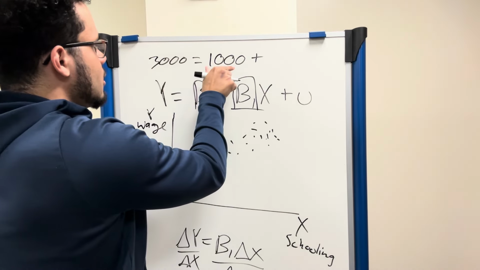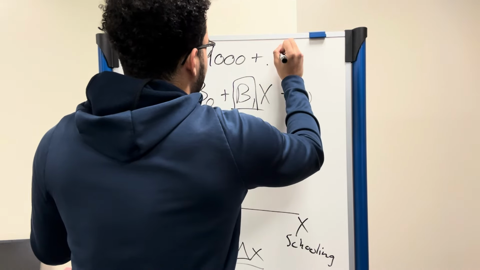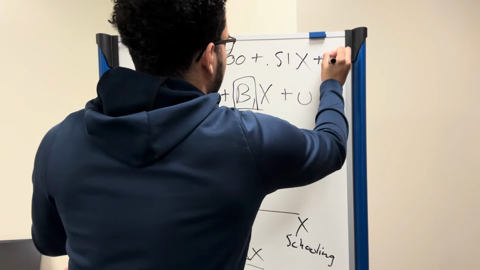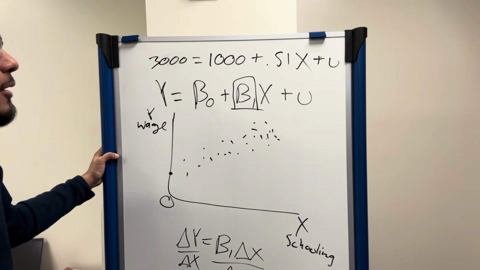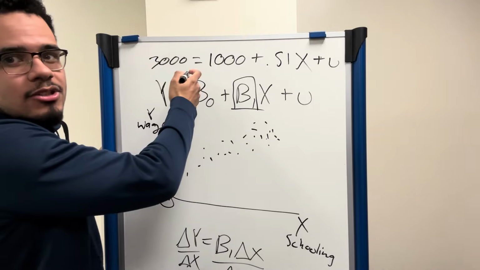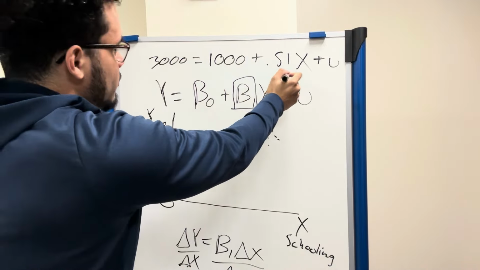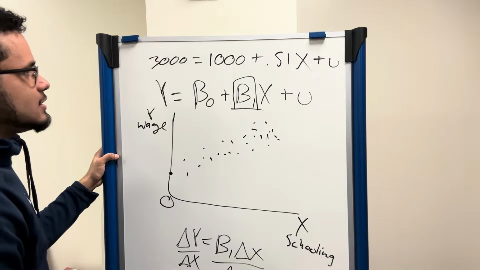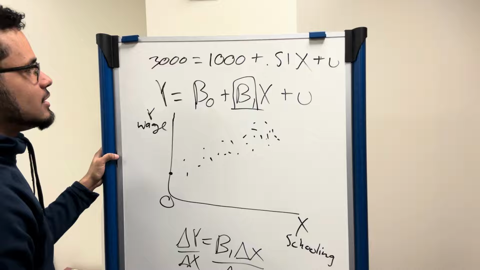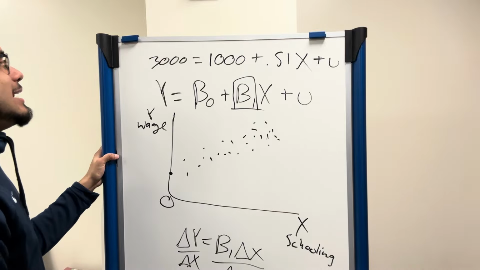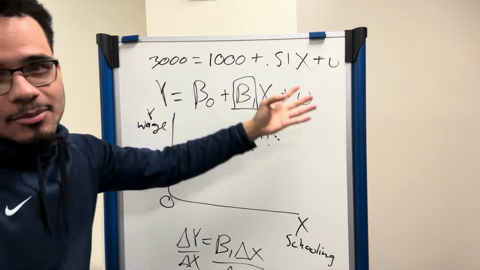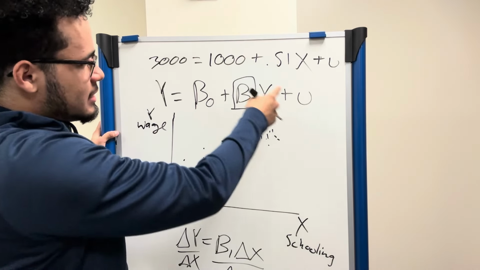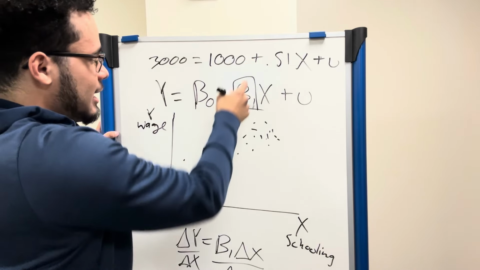Beta naught would be 1,000, and beta 1 could be 0.51, which basically means that for each additional year of schooling, that causes a 51% increase in wages. This is just an example of what I'm talking about. Or it can be a 51% decrease, depending on the sign of this coefficient.